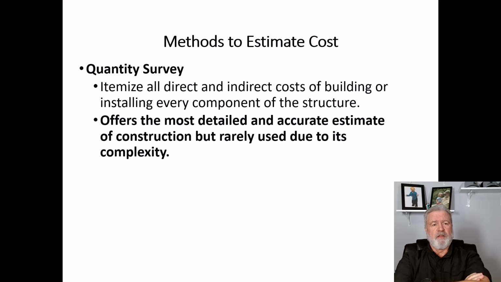And then, the next is what we call the quantity survey. And I will tell you, this is a very detailed, very complex method. But here, you're basically itemizing all the direct costs of the construction as well as indirect costs of the construction, for each component of the structure. This is a very time-consuming method. It's very complex.